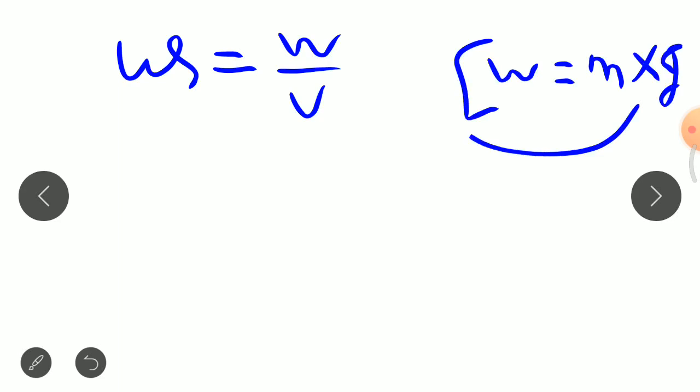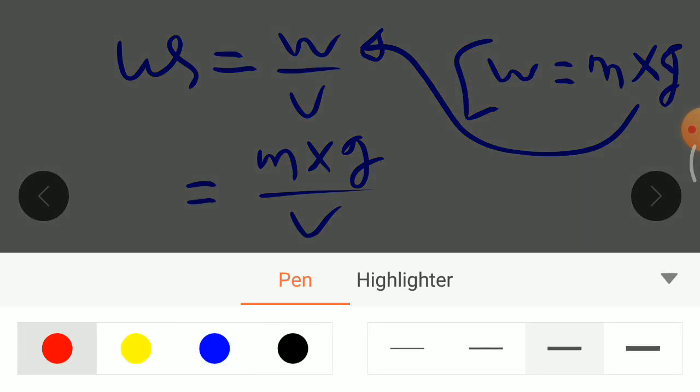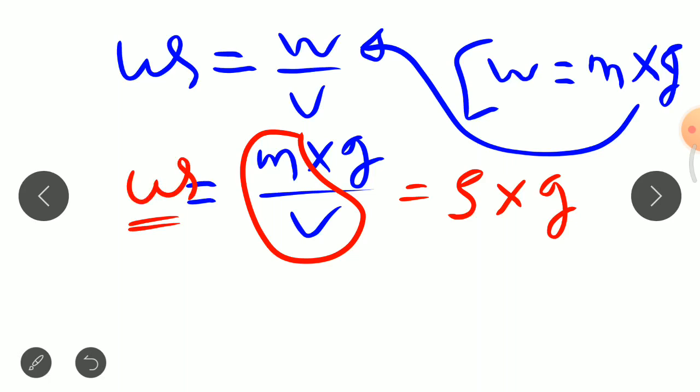So when we put this value here, the equation becomes M into G divided by V, and we know that M divided by V is nothing but rho and G as it is. So we will write this equation w is equal to rho into G.